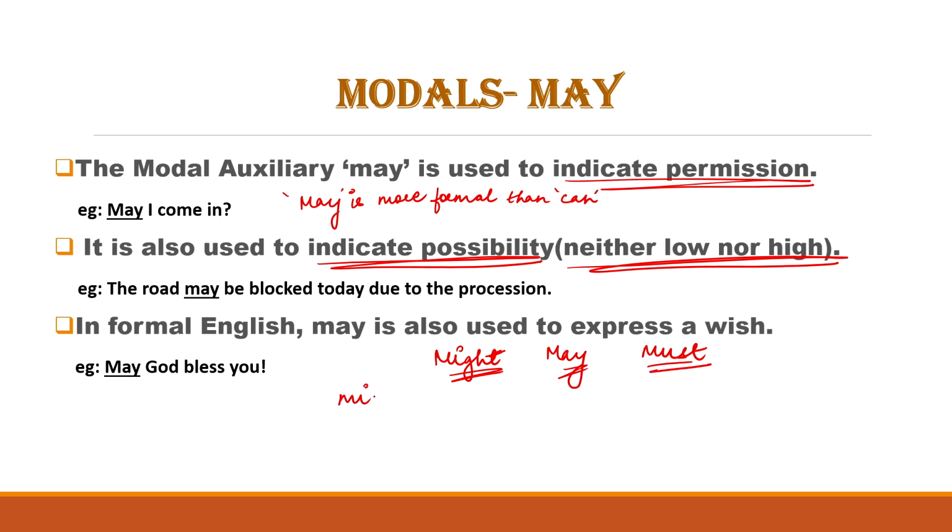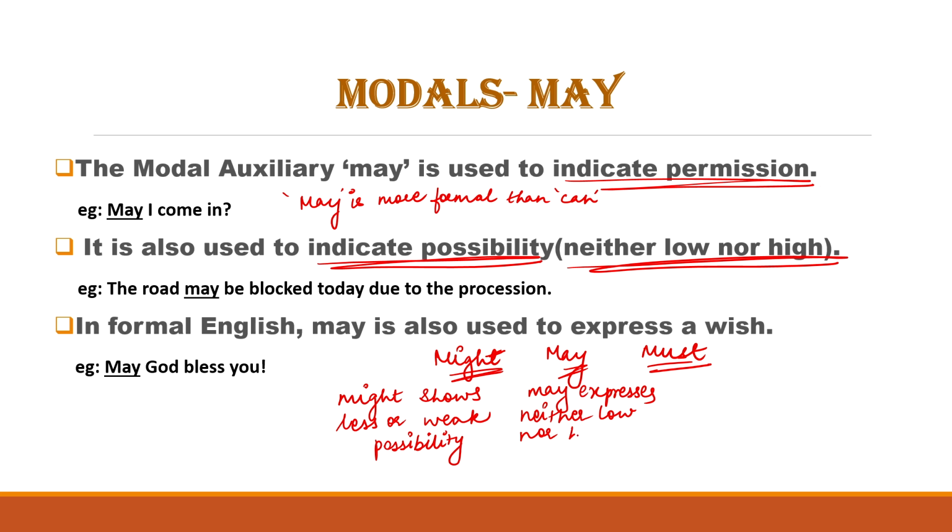So, might shows less or weak possibility, while may expresses neither low nor high possibility, whereas must shows greater or strong possibility.